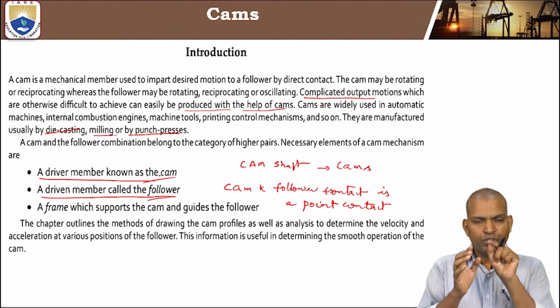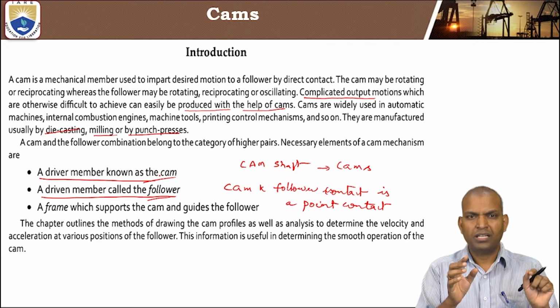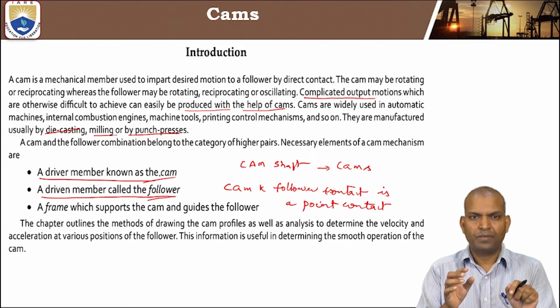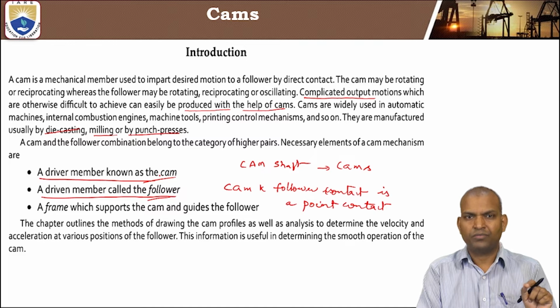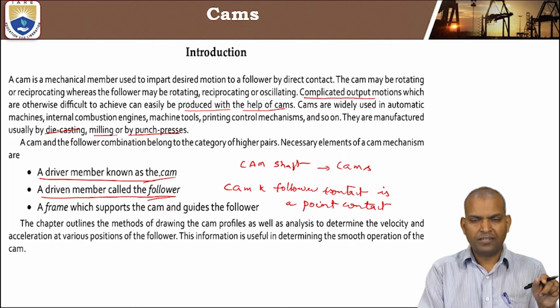The mechanism we use for opening and closing of the valves from the crankshaft is the camshaft. The crankshaft and camshaft are connected through gears, worm gears. Through these gears, the camshaft is attached to the crankshaft, so the camshaft will be rotated.